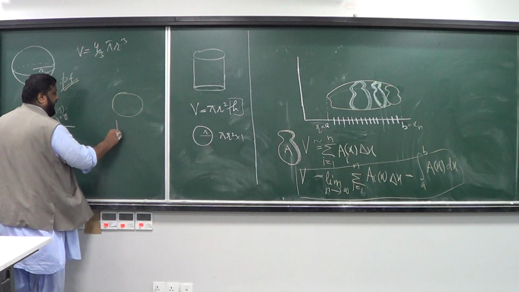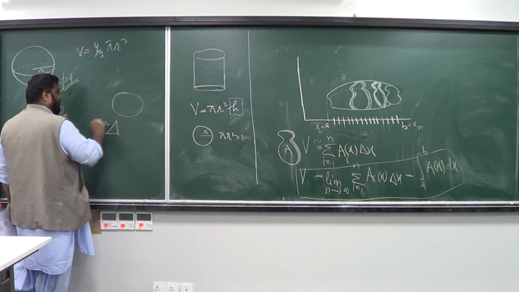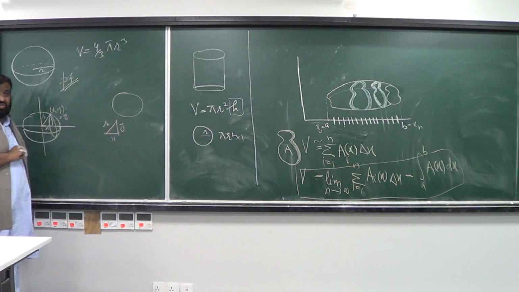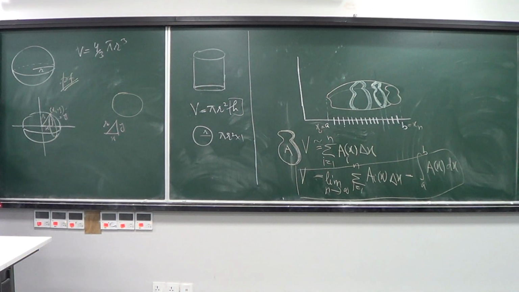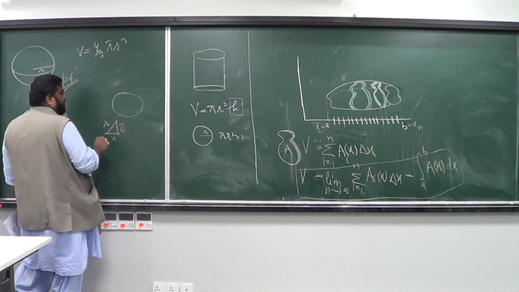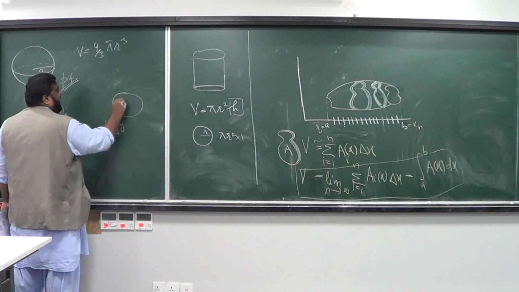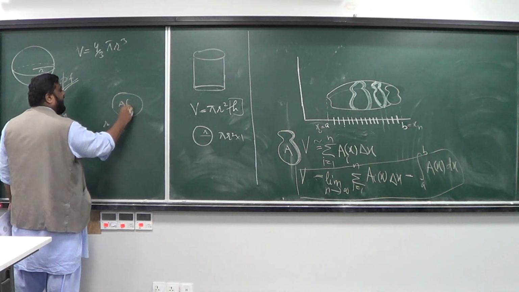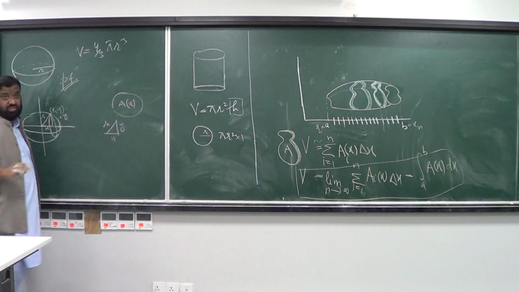So you have this triangle, whose one side is r, another is x, and another is y. And I want to know the formula for the area of the disc in terms of x.